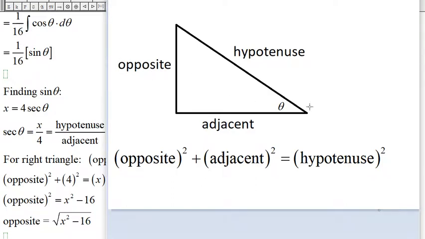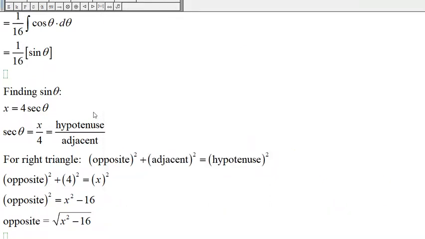This is a right triangle, so we have opposite side squared plus adjacent side squared is equal to hypotenuse squared. We're looking for the opposite side. The adjacent side is 4. The hypotenuse is x.